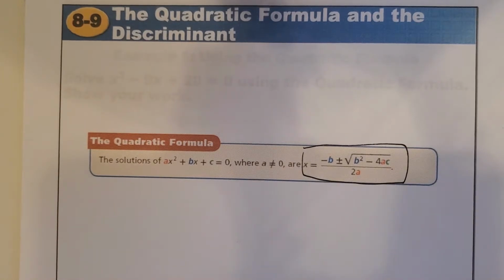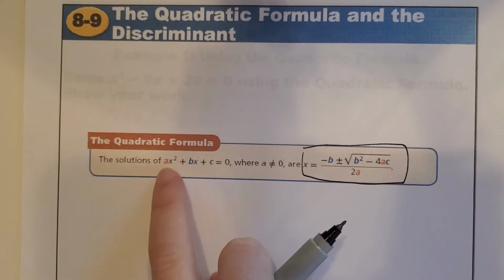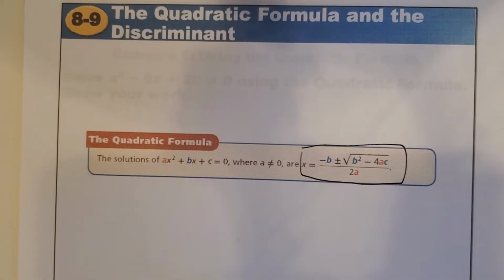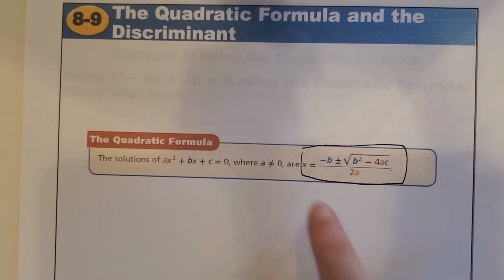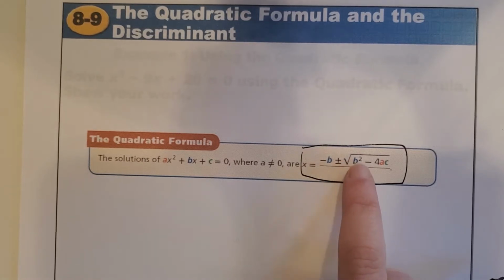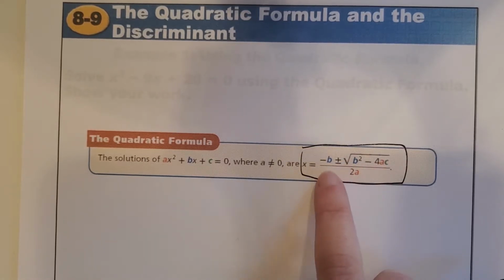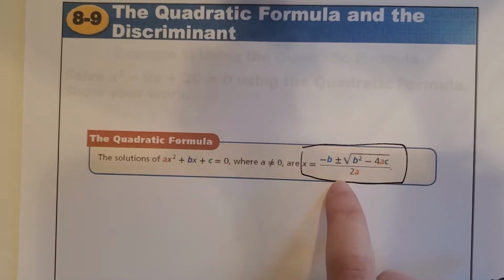If you have that set up, then you can use all of the coefficients, your a value, your b value, and your c value, to plug into this giant quadratic formula. Negative b plus or minus the square root of b squared minus 4ac, all over 2a.